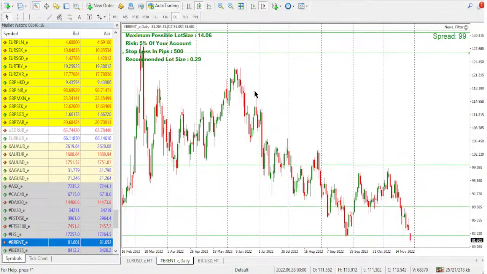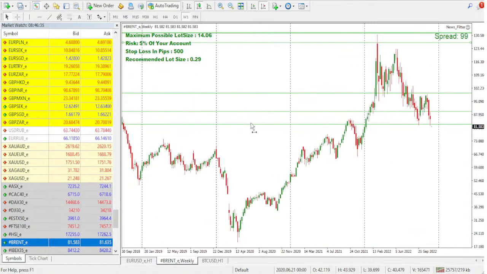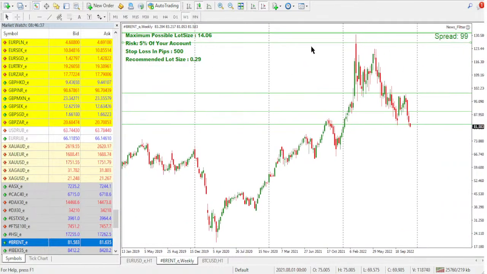Brent oil. So it looks like today's candle on Brent oil has actually gone below this low, which is 82.762. While the price is held below this level, expect that the sellers will continue to push price downwards. So look for more sell positions, at least up to this target here.